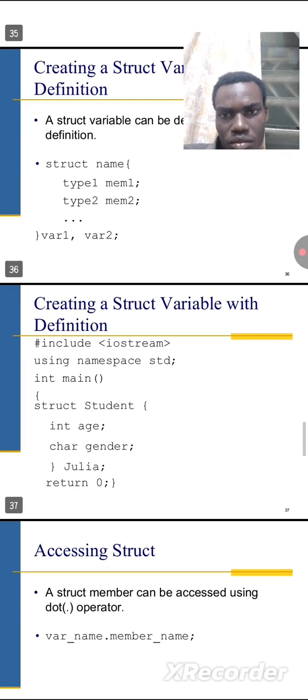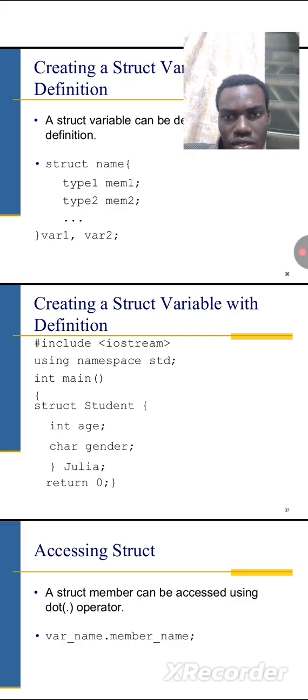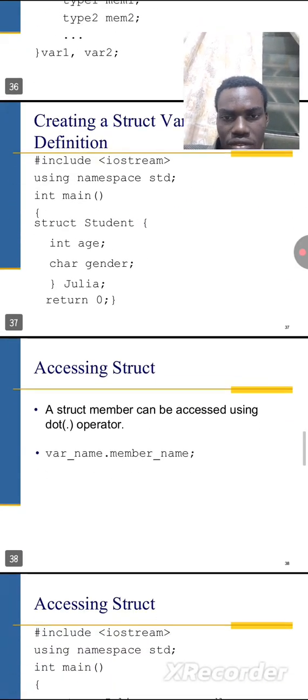So here's an example. You have struct student, int age, char gender, and then all in the curly brackets with a name. So we can call Julian, and then we will have whatever is in here.